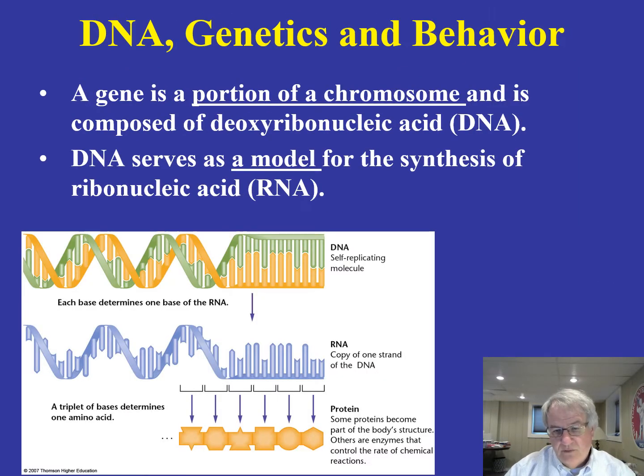So when you take a look at some of this important terminology, certainly when we talk about genes, we're talking about them being a portion of chromosomes. Chromosomes consist of what we call DNA, deoxyribonucleic acid.